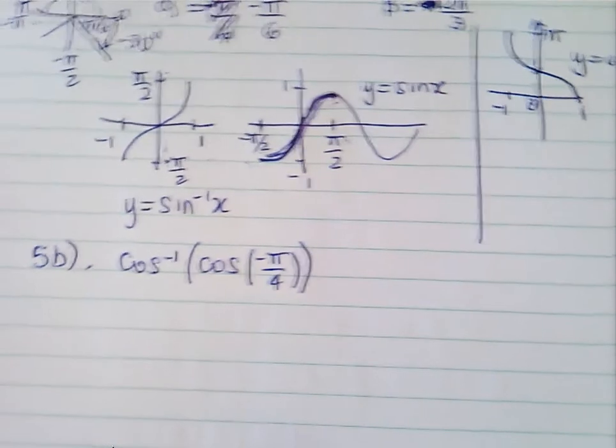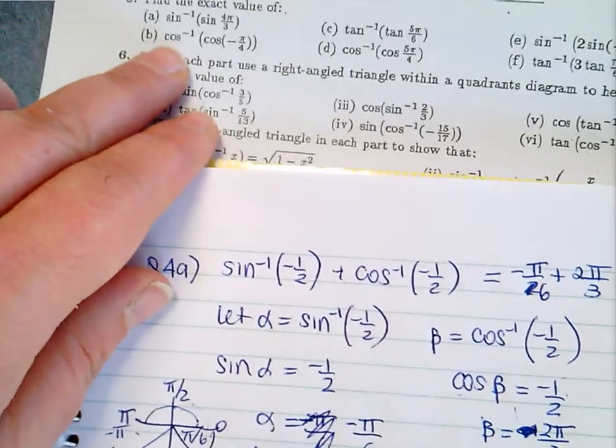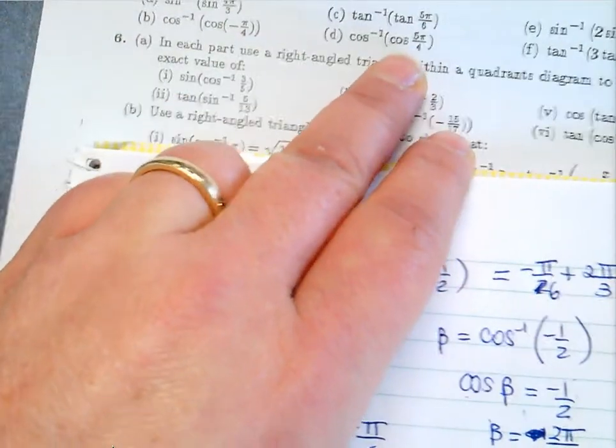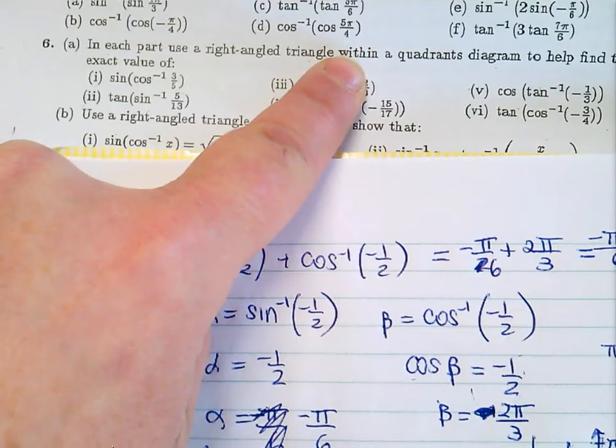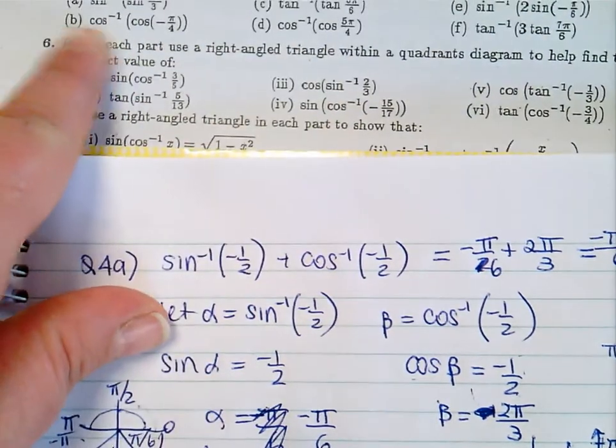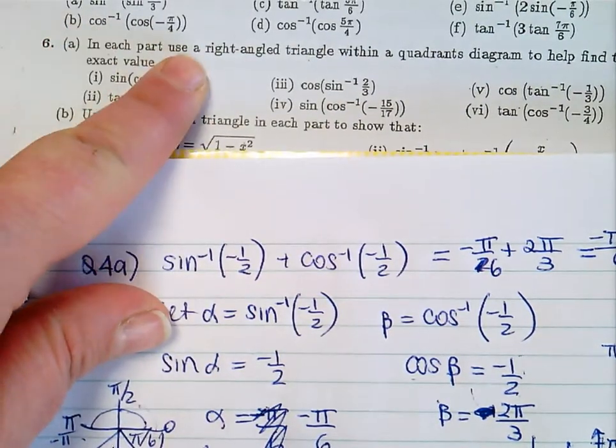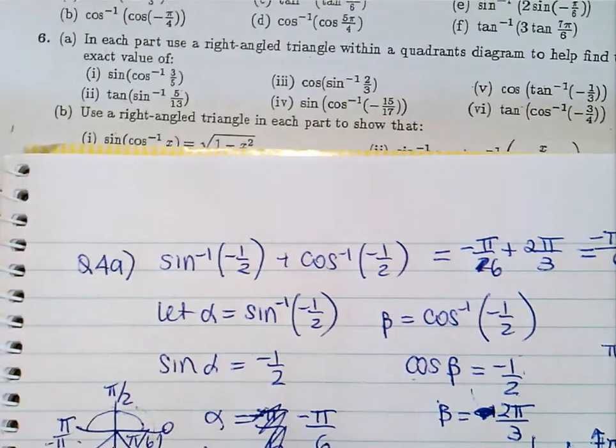I know I made you do all these, but you've got to be careful, because you've really got to be in the proper range depending on which one's written first. So minus pi on 4 doesn't fit in the range of the inverse cosine curve. You've got to go from 0 to pi. Let's just have a look.